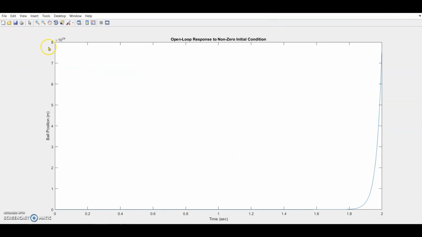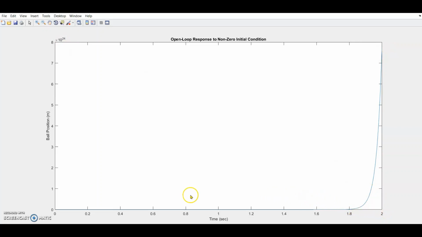As you can see, the ball position is the output, which is the height h, which we have seen in the lab manual, and with time it is increasing exponentially. So it is going up to 10 to the power 24 by time 2 seconds.